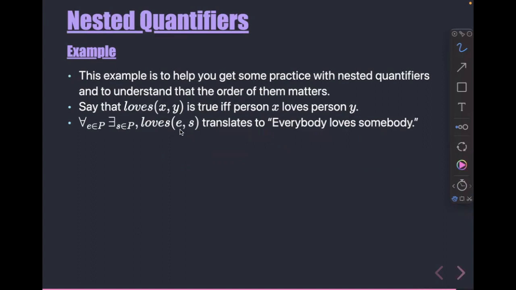So basically e loves person s, right? And so it's saying for all people, there exists one person such that one of the set of all people loves that specific person. So everybody loves somebody.